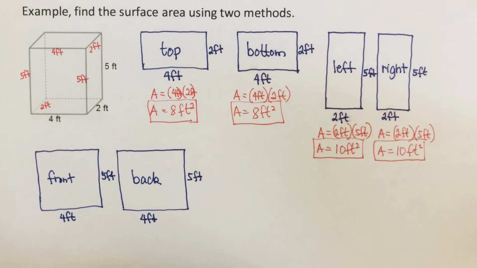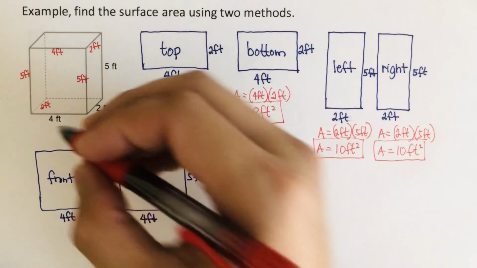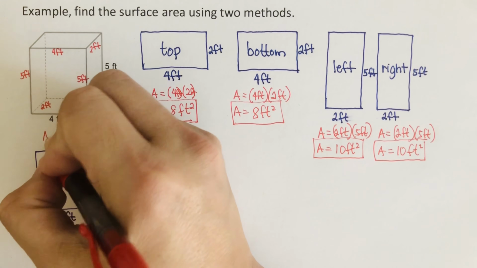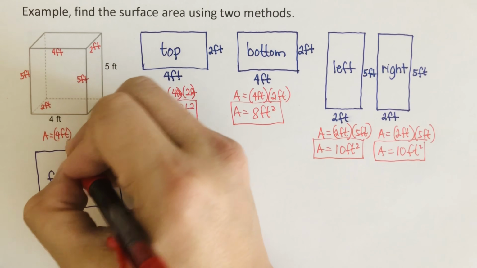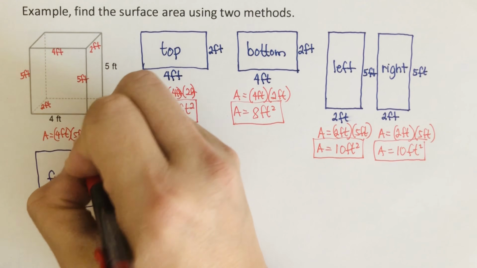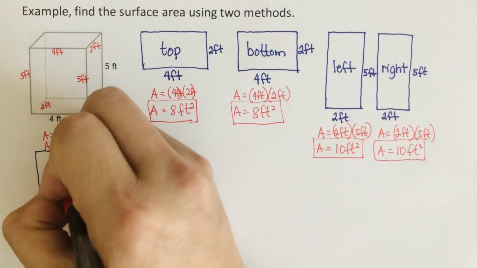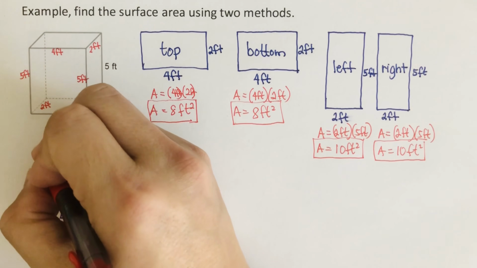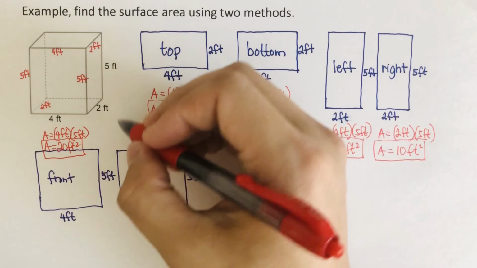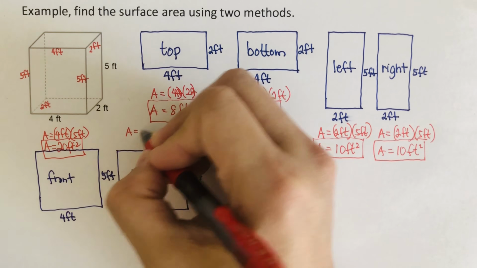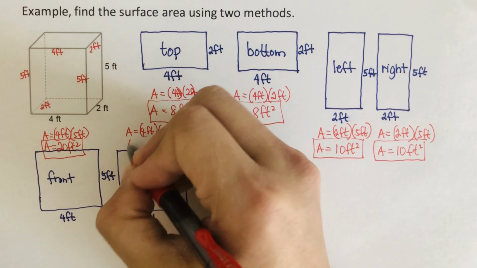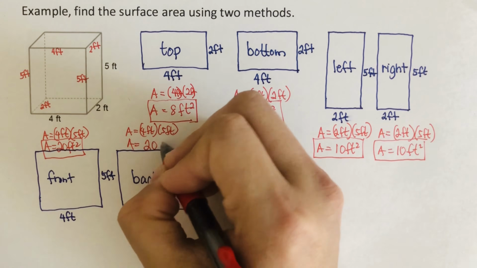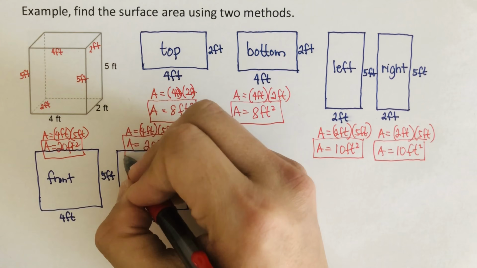So that's for the right. And then for the front, area is equal to 4 feet times 5 feet, which would be 20 feet squared. So that's the area for the front. For the back, it's going to be the same: area is 4 feet times 5 feet, so the total area is 20 feet squared.